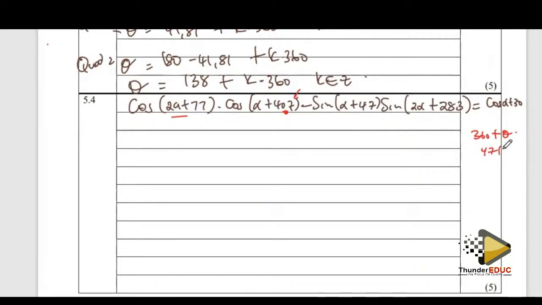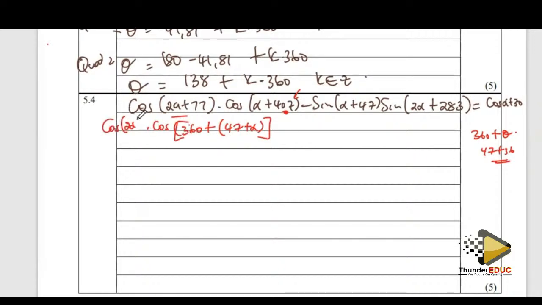So if I reduce this, it's going to be cos of (360 plus 47 plus alpha).